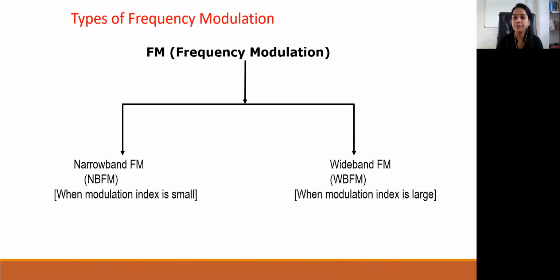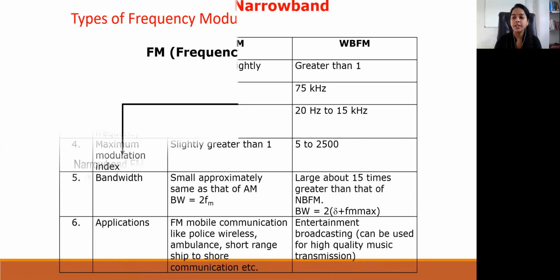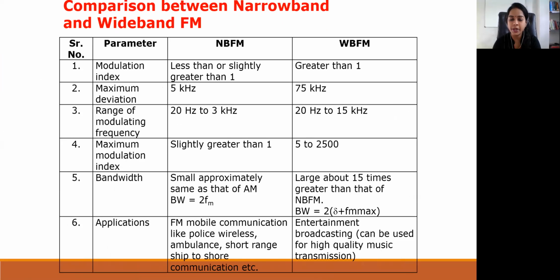So here in frequency modulation also we are having two types, narrow band FM and wide band FM. The name itself suggests that in narrow band we are having the less maximum deviation, and the modulation index is slightly greater than 1, but in WBFM it is more than 1, and also the maximum deviation is near about 75 kilohertz for WBFM.